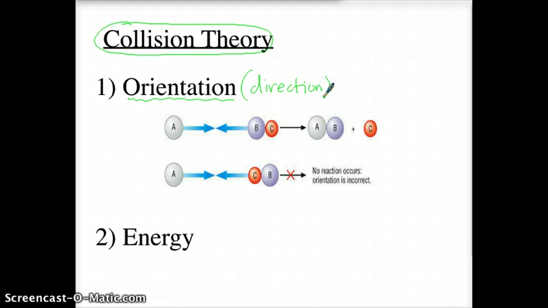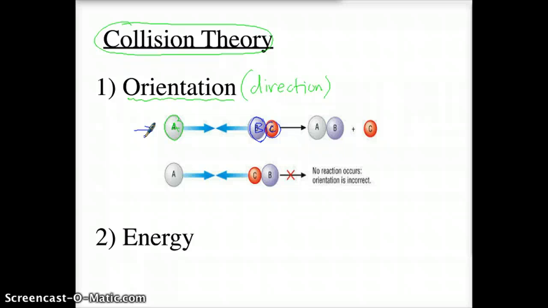So for example, here we have molecule A colliding with molecule BC. Okay? But as we can tell, in this example, A is facing B. And according to what I'm saying right now, that must be the correct orientation.